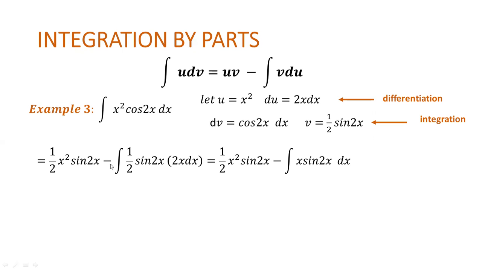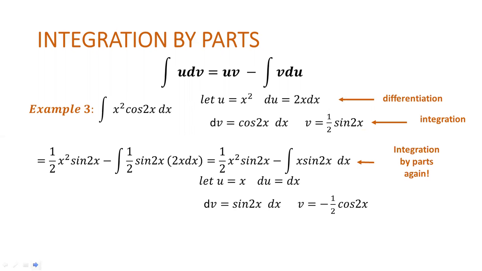Now these two will cancel each other, so you will have 1/2 x squared sine of 2x, leaving you with this particular integral. Now, this particular example was really chosen because you are not only doing integration by parts once here, but rather twice. This cannot be integrated by itself. So there's a need for us to set a new u and another du.